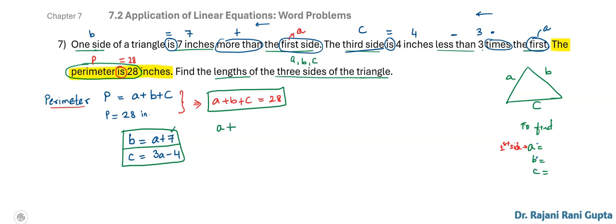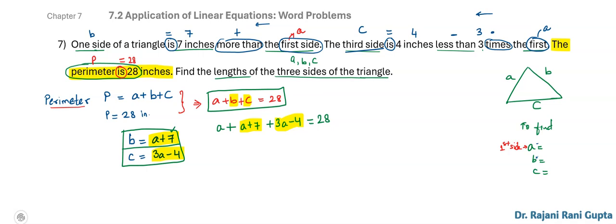In place of B, let's write A plus 7. In place of C, write 3A minus 4. This is equal to 28. So in place of B, we have used the value A plus 7, and in place of C, we have used the value 3A minus 4, without changing A.